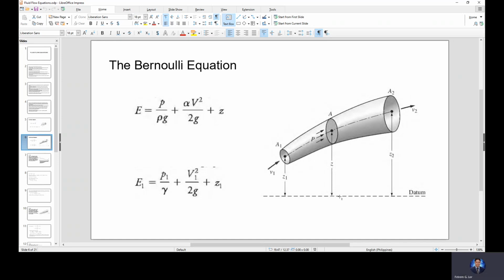Okay, so that's the total energy: P over gamma, V squared over 2G, plus the Z, its elevation.